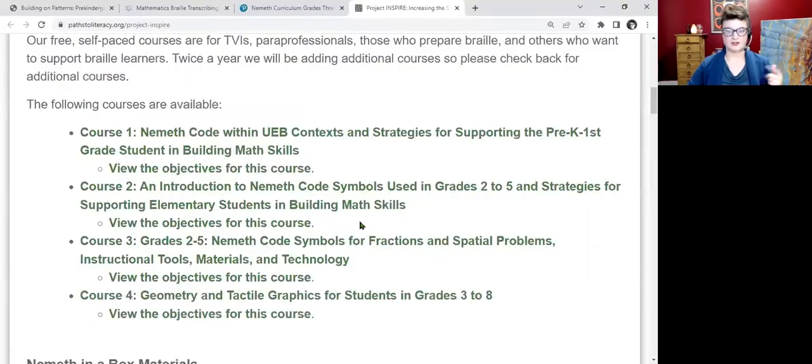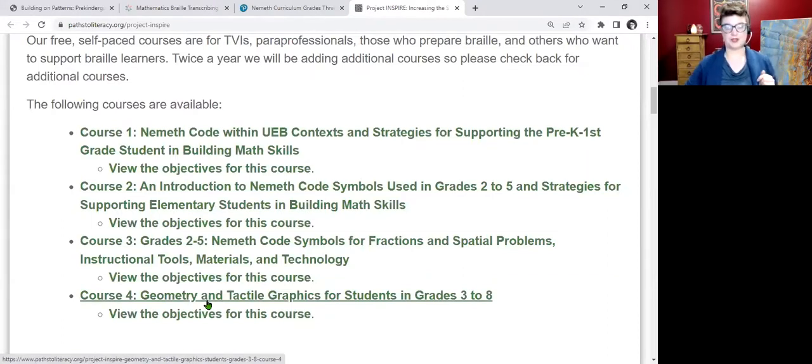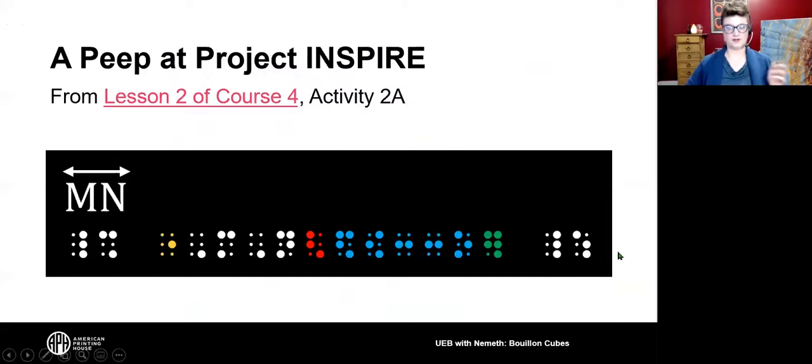And in that link that we looked at earlier, just 2 slides ago, I think, course 4 is about geometry and tactile graphics for students in grades 3 to 8. One of the examples from that lesson deals with the 5-step modification of the Nemeth Code. So the 5-step modification in the Nemeth Code is used for modifiers that happen directly above or directly below a letter or a numeral or other symbol.